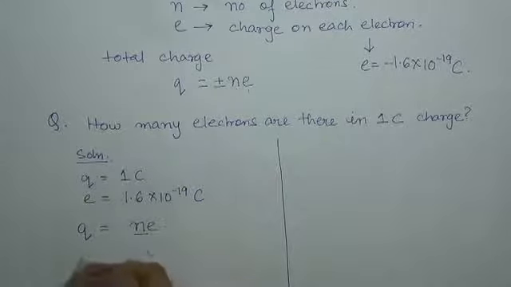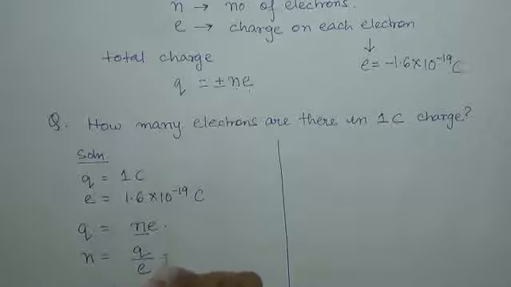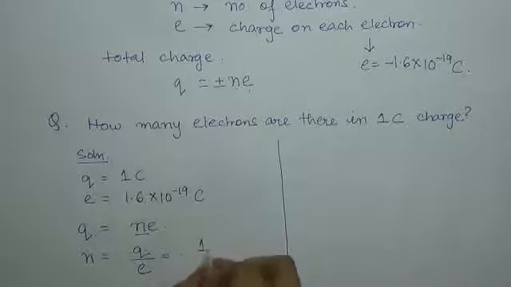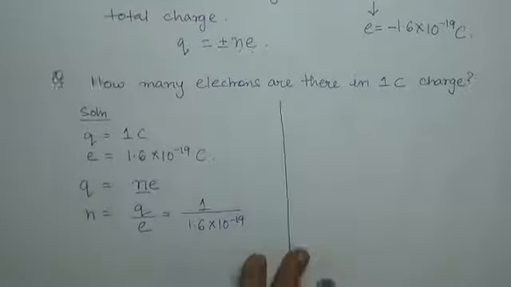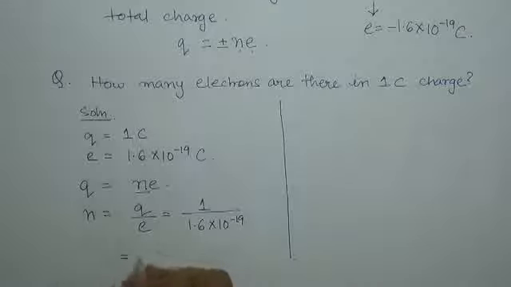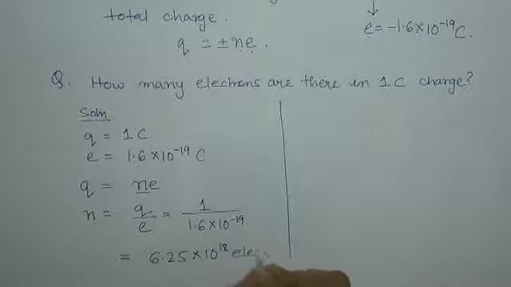So let us make n the subject of the formula. This becomes Q by e, which is 1 divided by 1.6 times 10 to the power minus 19. If you calculate this, you get 6.25 times 10 to the power 18 electrons.